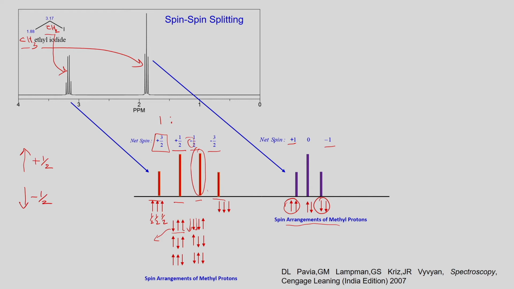We can say these 3 are all degenerate, a similar pattern, because the proton spins are indistinguishable from each other. So, that is what we mean. If you see carefully, these are in the ratio of 1 to 3 to 3 to 1. So, it means that the plus half or minus half has 3 possible ways, 3 possible spin states.